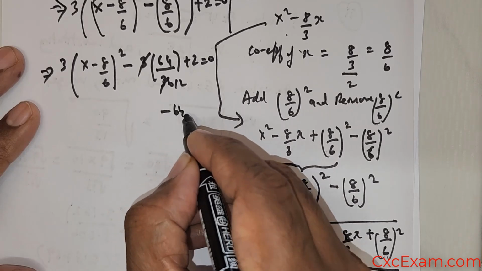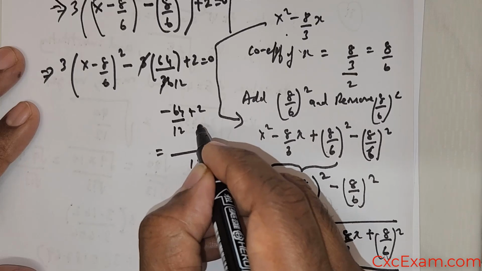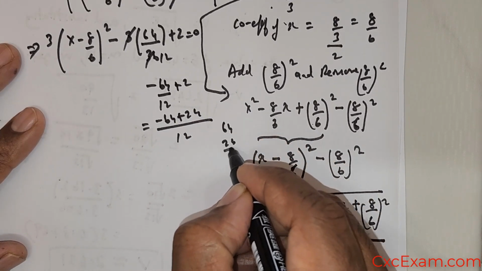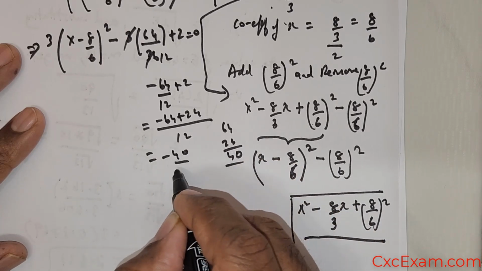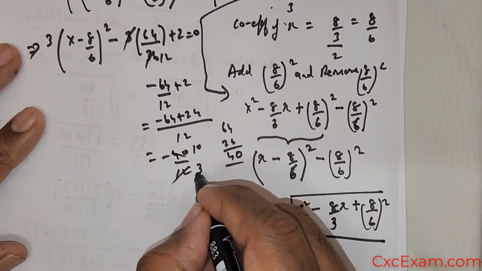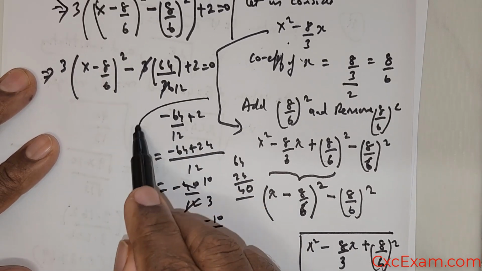So you have minus 64 divided by 12 plus 2. This can be rewritten as 12 minus 64 plus 24. So from 64 you take away 24, you get 0, and then 40. So you get minus 40 over 12. 4 divides 10 times, 4 divides 3 times. So this is nothing but minus 10 over 3.